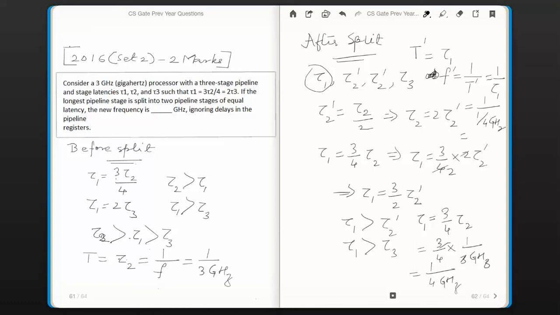We take 4 to the numerator, it becomes 4 gigahertz. So the new frequency is equal to 4 gigahertz. That would be the answer. So here the fill in the blanks would be filled with 4. Thanks for watching. Bye.